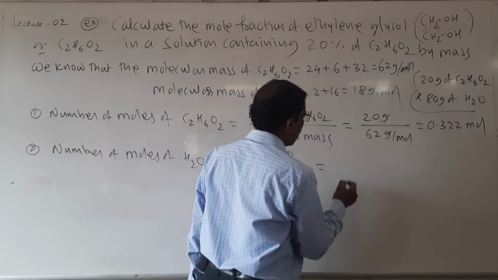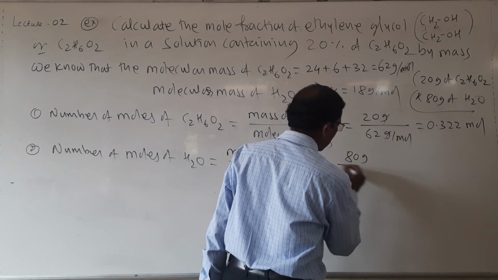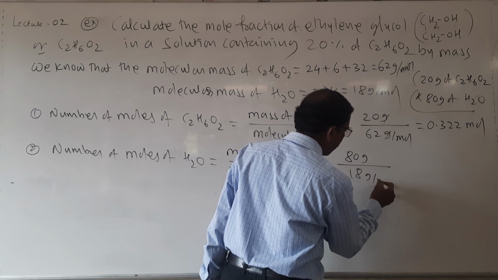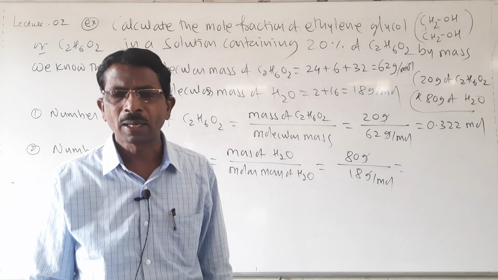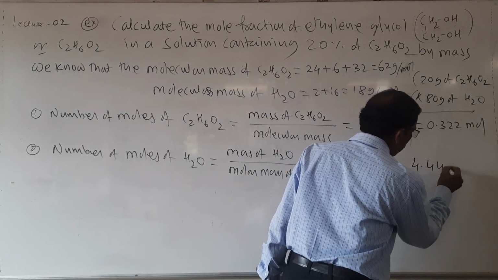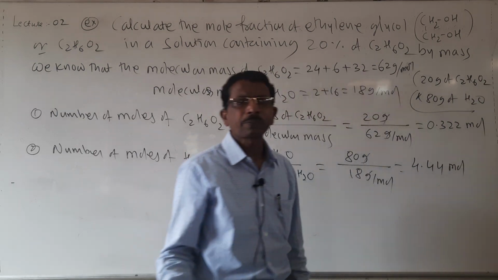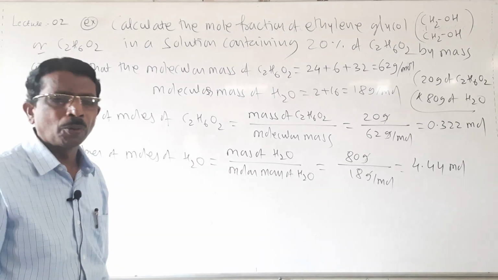Mass of water is 80 gram, and molar mass is 18 gram per mole. So gram cancels here, and it becomes nearly 4.44 mole. So we got the number of moles values.